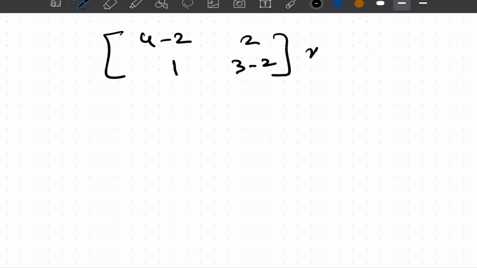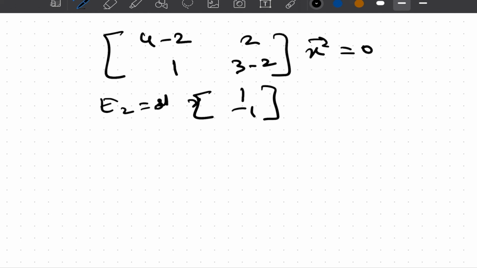Similarly, when we look into lambda equal to 2, we can find the solution as 4 minus 2, 1, 2, 3 minus 2 multiplied by x equal to 0. And when we solve it, we get the solution as 1, minus 1. So E2 would have the span of 1, minus 1.